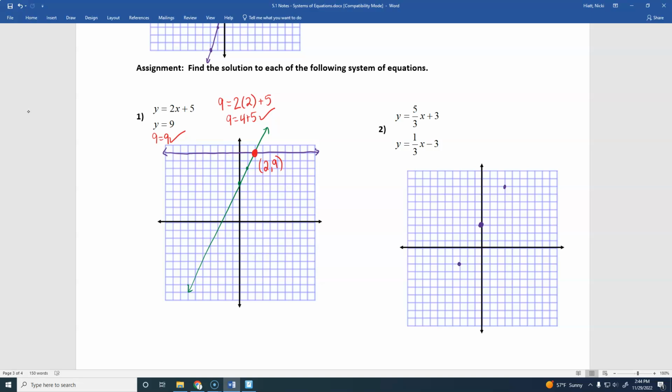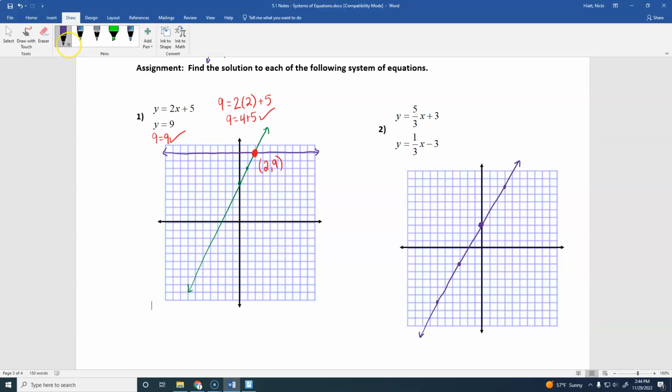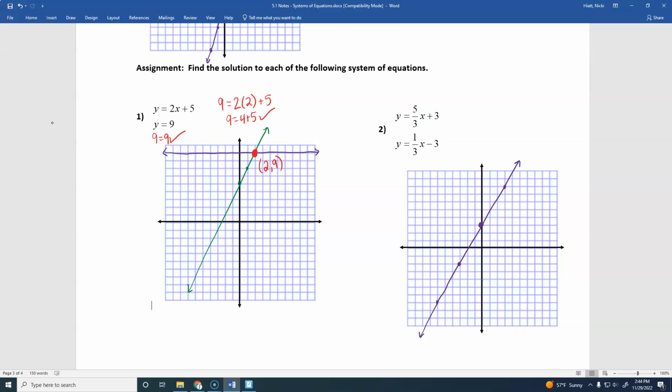And it's important on these that you draw the line out all the way to the edges of the graph. And then we've got our second line. It has a y-intercept at -3 and a slope of 1/3.